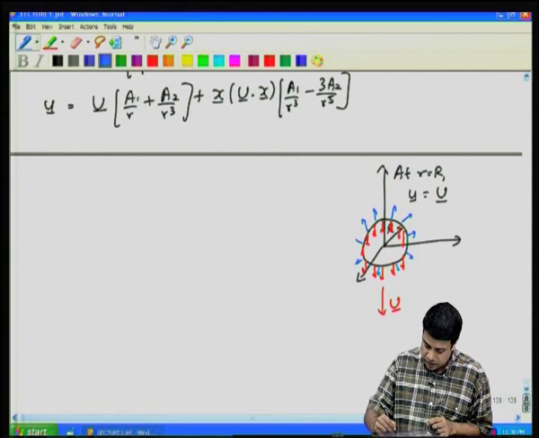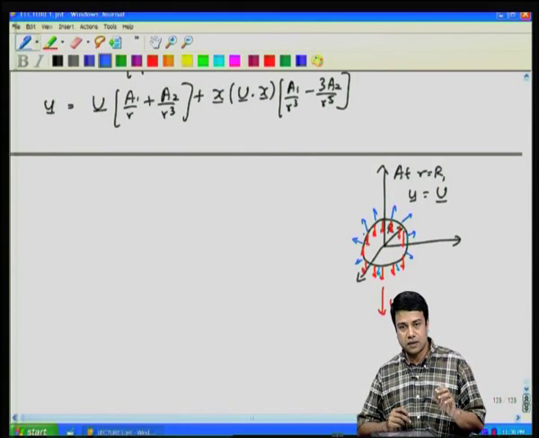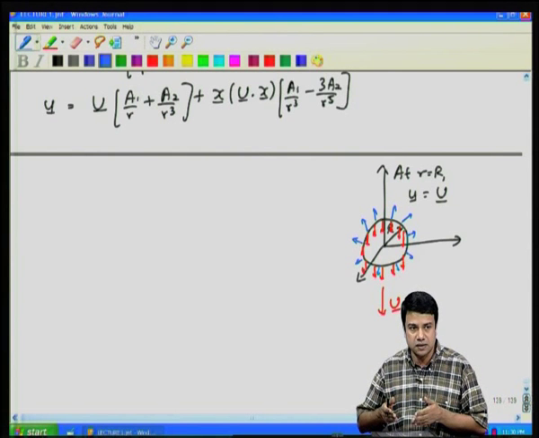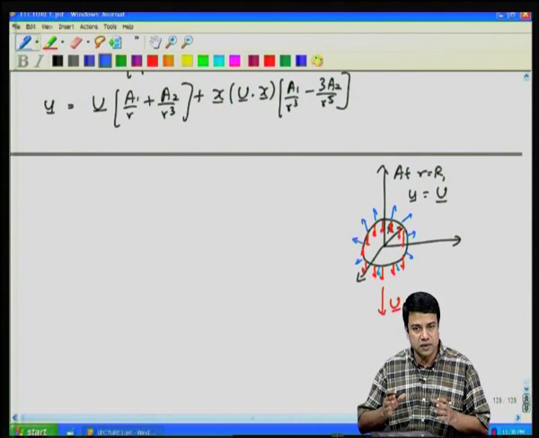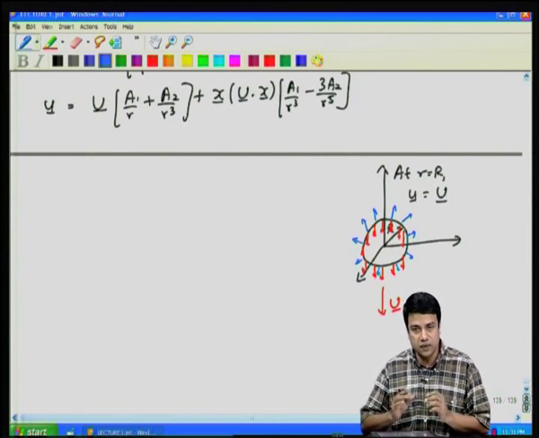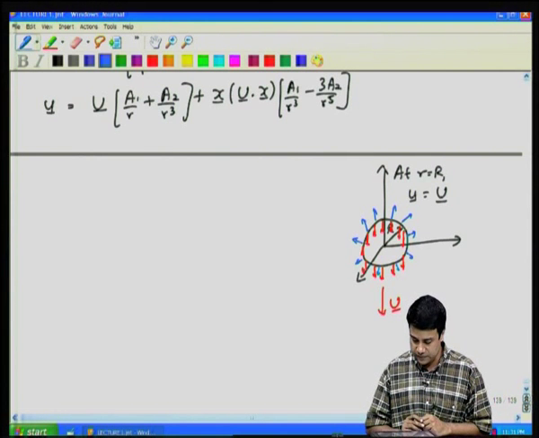Okay. The boundary condition requires that the velocity is only along U, because the sphere is moving only along that direction. That means that the component of the velocity along the x direction is identically equal to 0. Okay. There is no velocity component along the x direction. Okay.